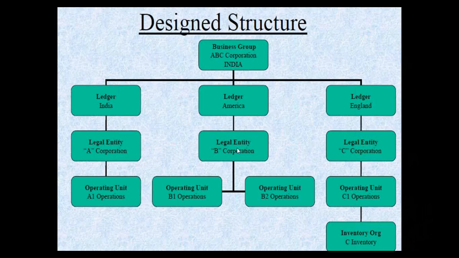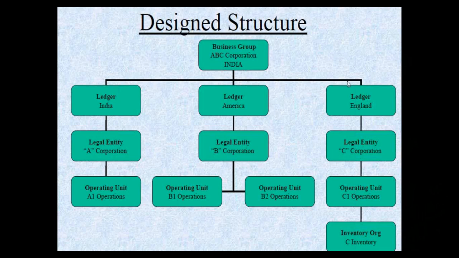So each country, depending on the currency, can have only one legal entity? Yes, that's correct. Depending on the currency, you can have only one legal entity. There is no point having multiple. Why? Because this legal entity is taking care of the legal requirements for filing taxes and other things. If you have another legal entity to do the same, it doesn't solve the purpose.